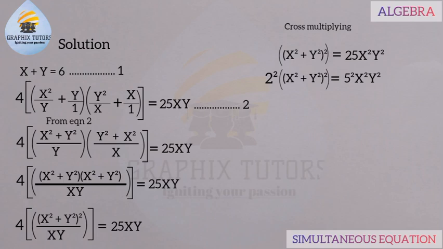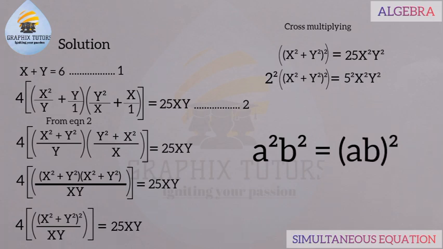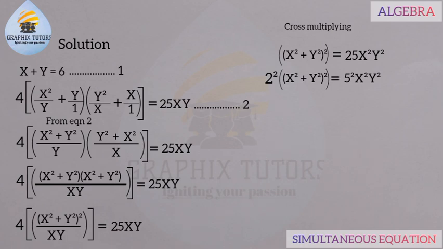Now, recall in mathematics, when you have a square multiplied by b square, it's the same as saying ab raised to power 2, or ab square. Now I'll write this as 2 open bracket x square plus y square close bracket, everything square, equals 5xy everything square, because each of the variable and the figure has power of 2.